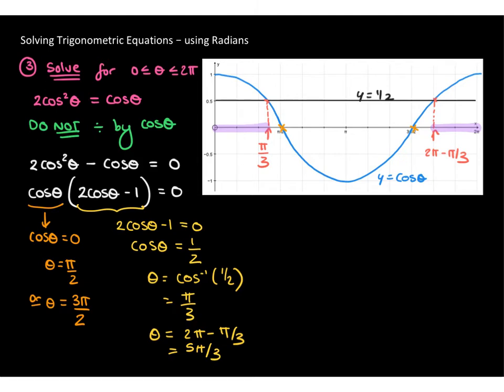Now it's really crucial to make it very clear at the end of an equation what your answers are, and we have got pi by 2, 3 pi by 2, pi by 3 and 5 pi by 3 as a set of possible answers. I'm not going to solve this equation using the unit circle as well. I've solved it using the graphs. If you want to proceed and solve it using the unit circle yourself as an alternative, please do that.